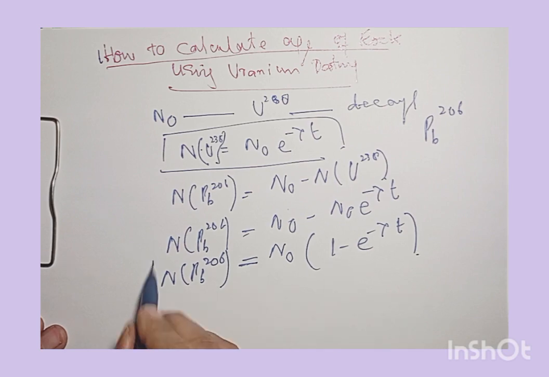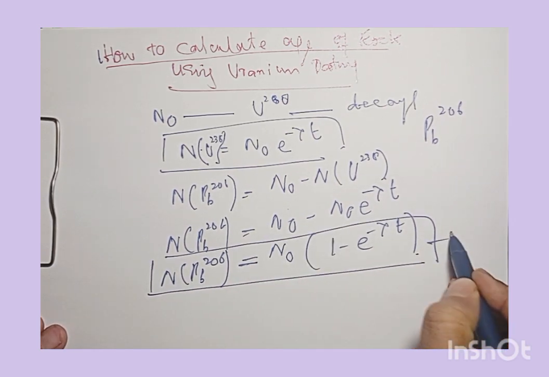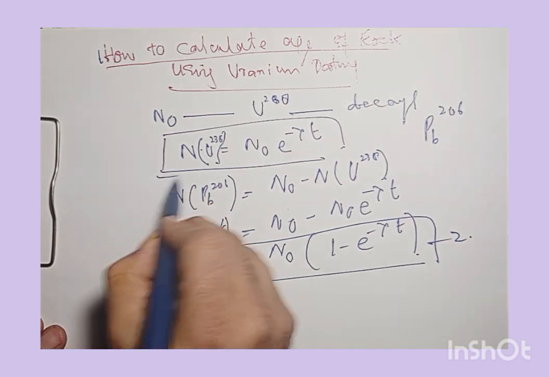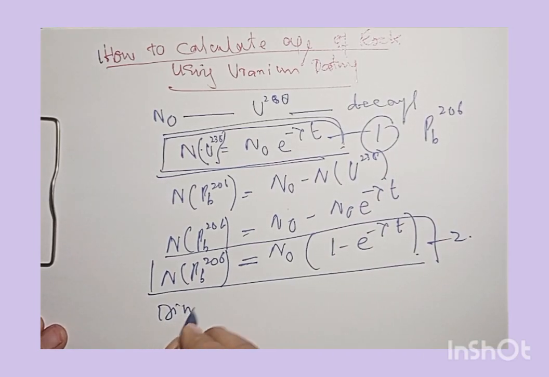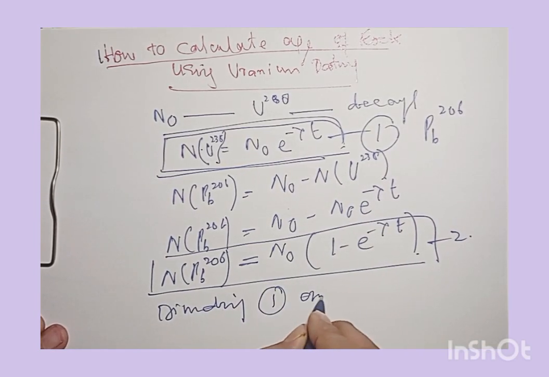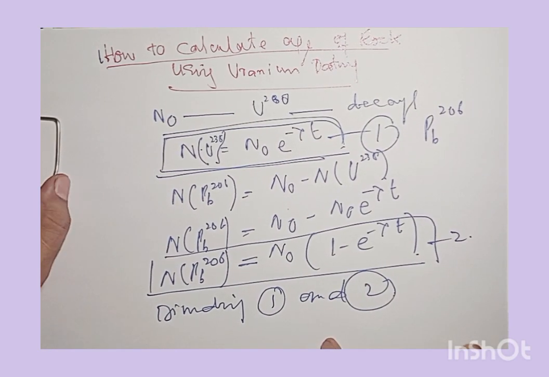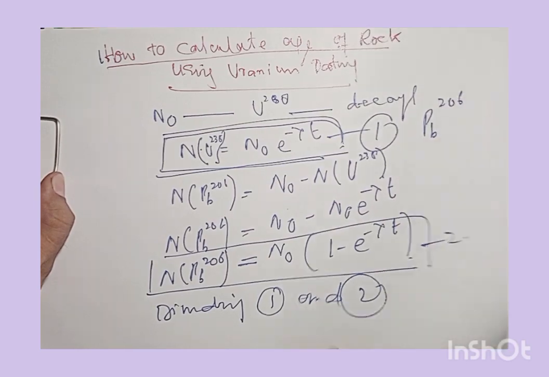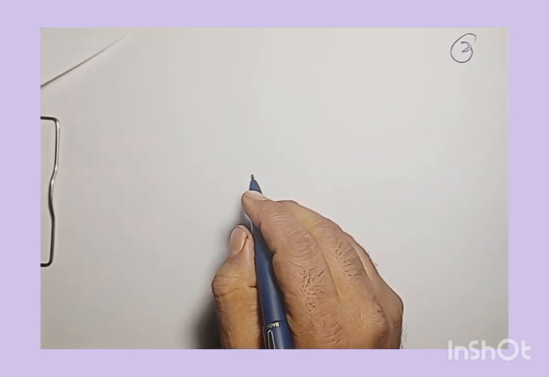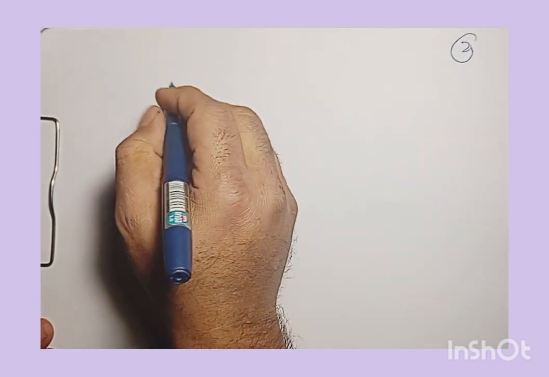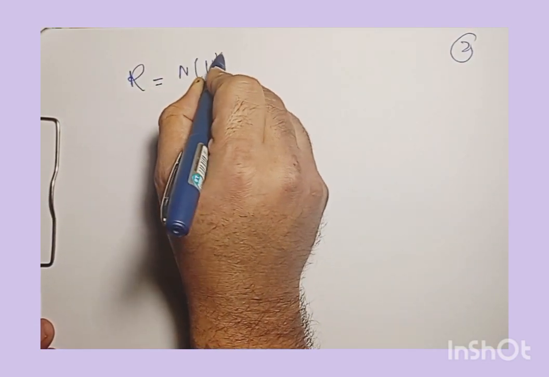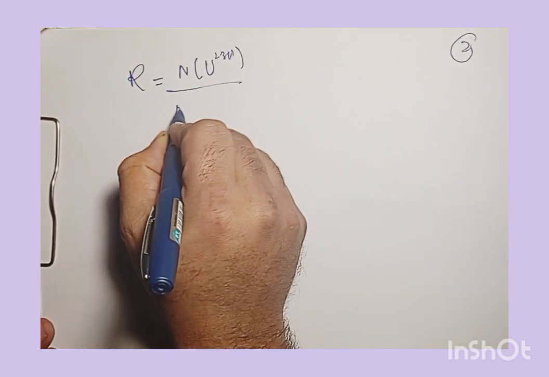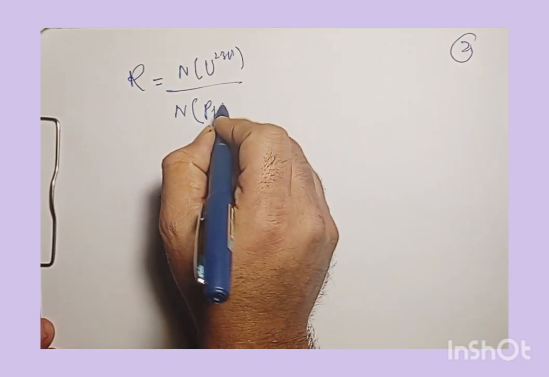So if I call this equation 2, and this is my equation 1, and I divide the two, dividing 1 by 2, I am going to have a ratio. That ratio I will define by R, and that will be N of uranium 238 by N of lead 206.